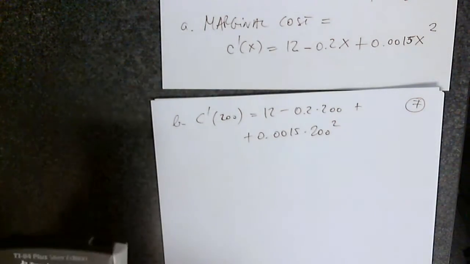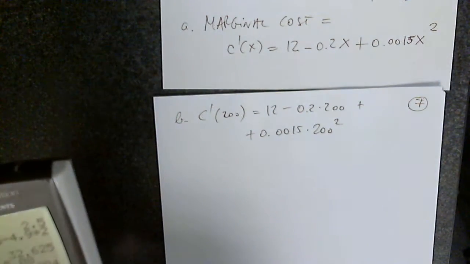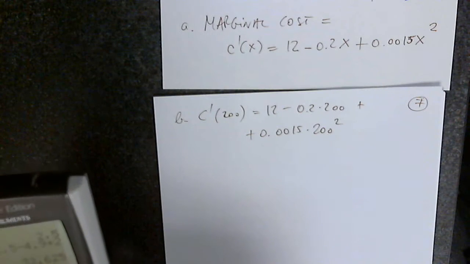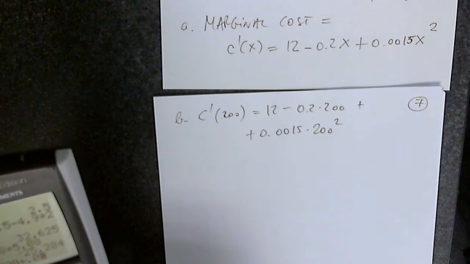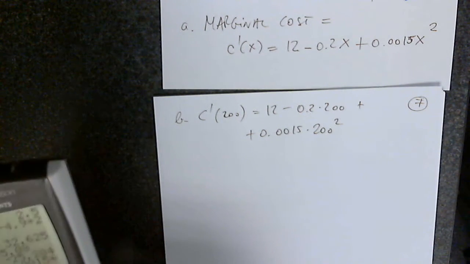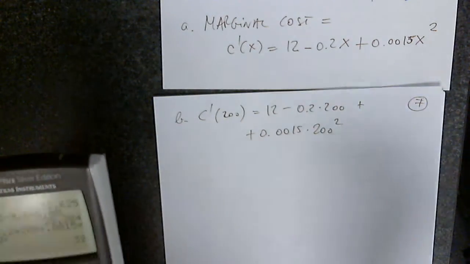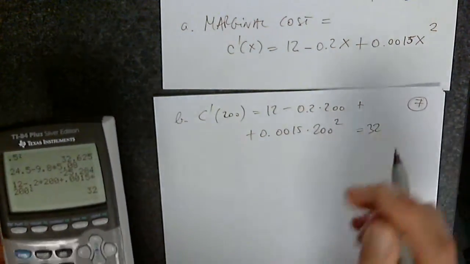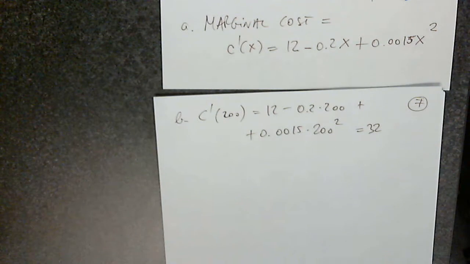Okay, lazy today. So 12 minus 0.2 times 200 plus 0.0015 times 200 squared, and I got 32. Measurement unit, first of all.